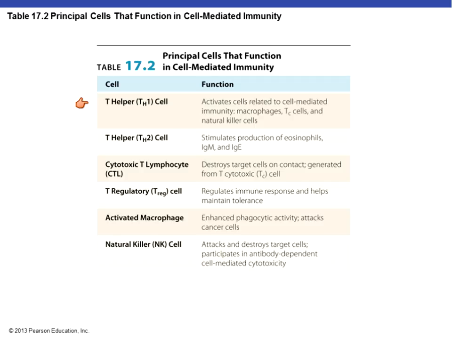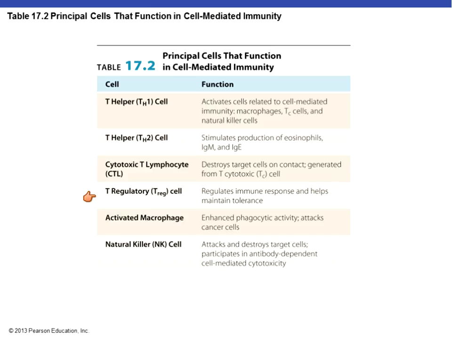So it activates cells related to cell-mediated immunity: macrophages, T cells, and natural killer cells. Helper T cells too stimulate production of eosinophils, IgM and IgE, so that's kind of what we looked at with the B cell activation and clonal selection and differentiation. Cytotoxic T cells, their job is to destroy target cells on contact.